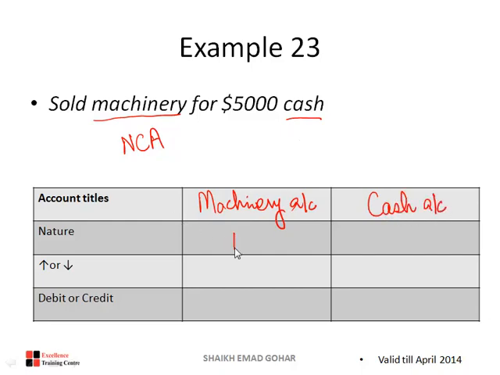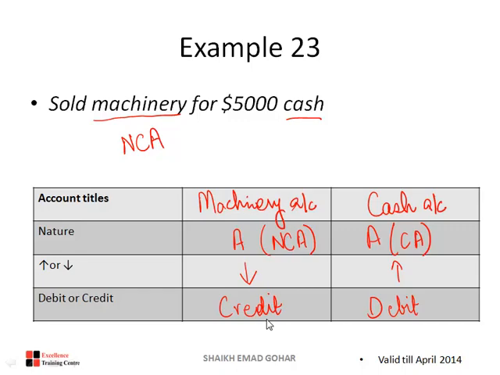Machinery is my non-current asset and cash is also my asset but a current asset. I am selling the machinery, so machinery is going out or coming in? Going out. So machinery going out means decrease, and someone is paying me something for that machinery, increase. Debit and credit, fine, easy.